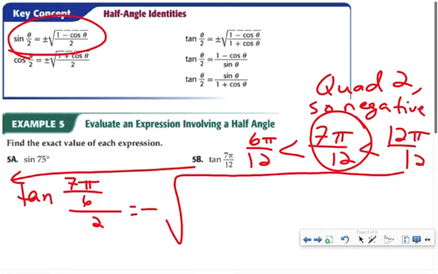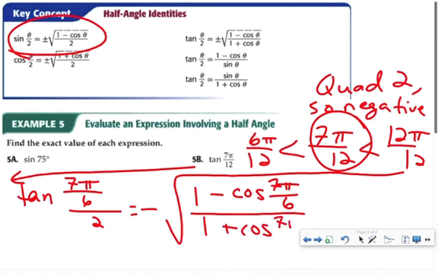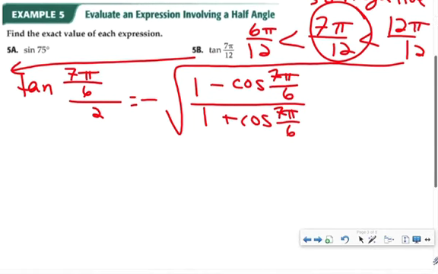And let the ugliness begin. Write small. So we have negative square root of 1 minus the cosine of 7 pi over 6 over 1 plus the cosine of 7 pi over 6.